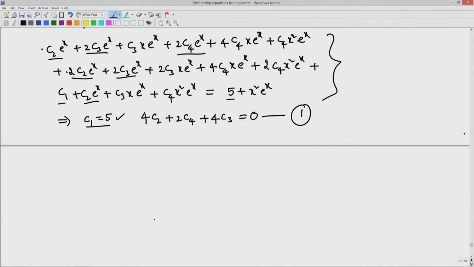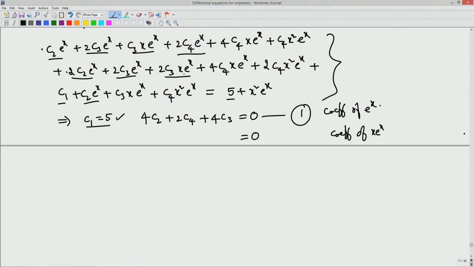Now, make a coefficient of x into e power x, whose coefficient is also 0. This is the coefficient of x into e power x. So, x into e power x, if you look at it, C3, okay, here 2 C3.